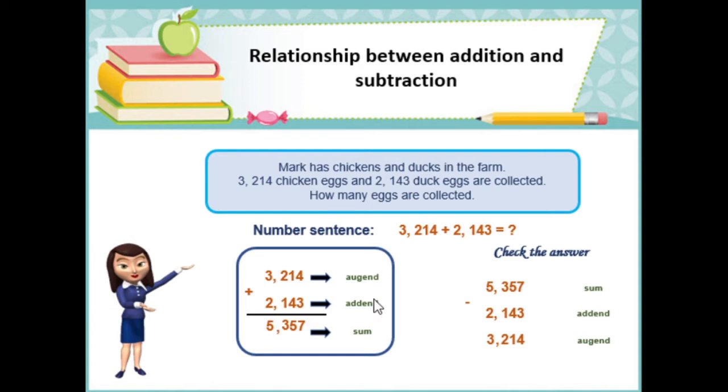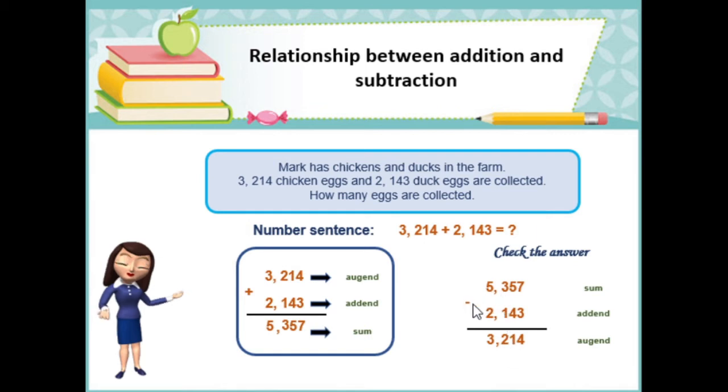Now, to know their relationship, we do the subtraction process. So from addition, we go to subtraction, by subtracting our addend, 2,143, from 5,357. 7 minus 3 equals 4. 5 minus 4 equals 1. 3 minus 1 equals 2.